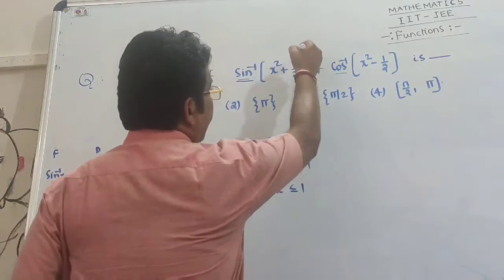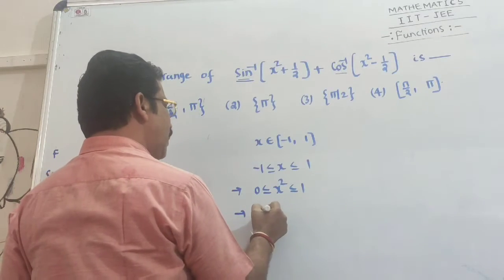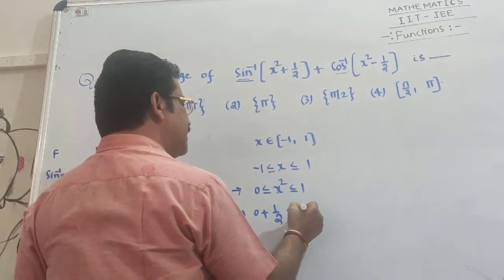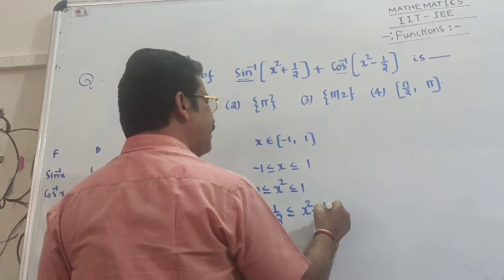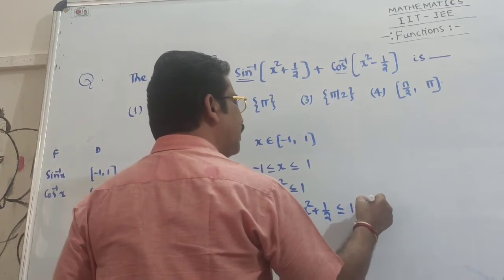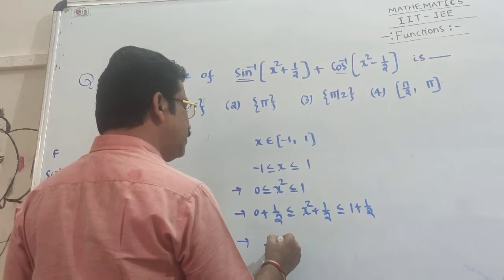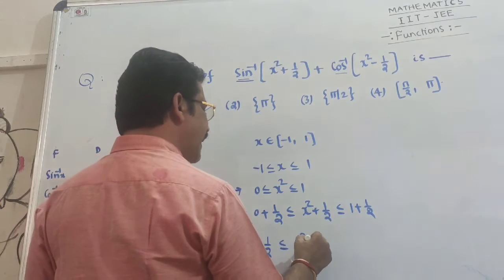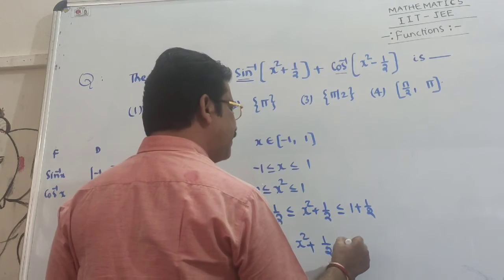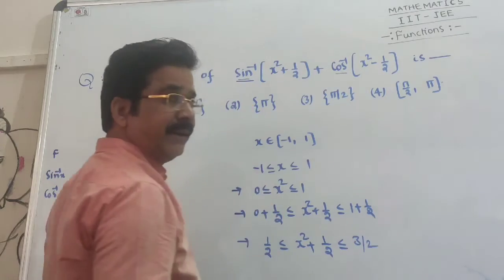Next plus half means 0 plus 1 by 2 less than or equal to x square plus 1 by 2 less than or equal to 1 plus 1 by 2. So that implies 1 by 2 less than or equal to x square plus 1 by 2 less than or equal to 3 by 2.